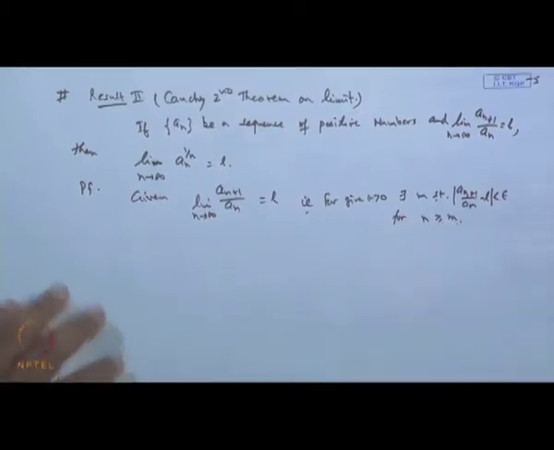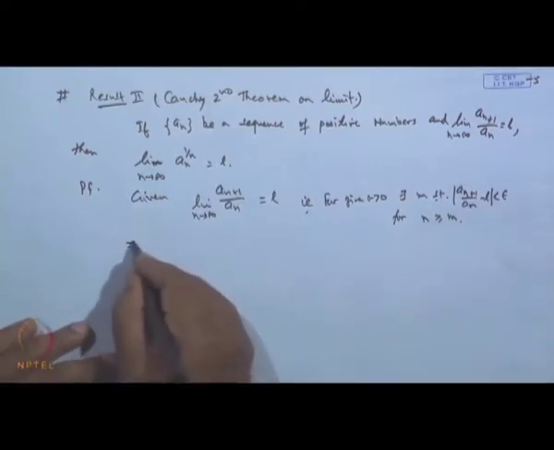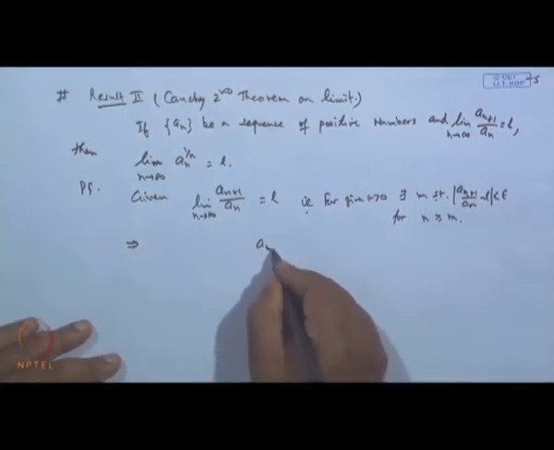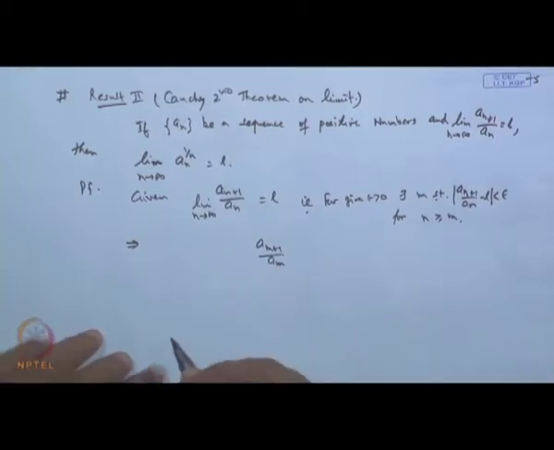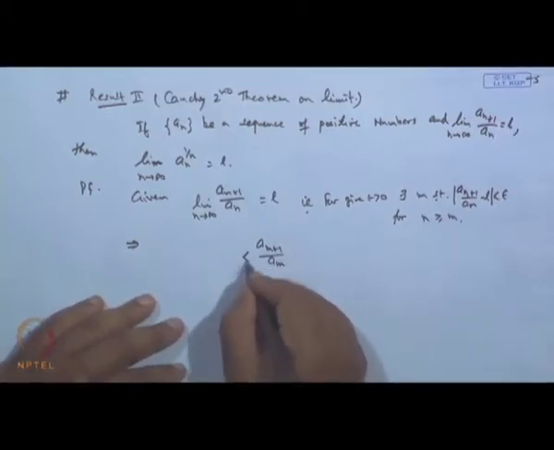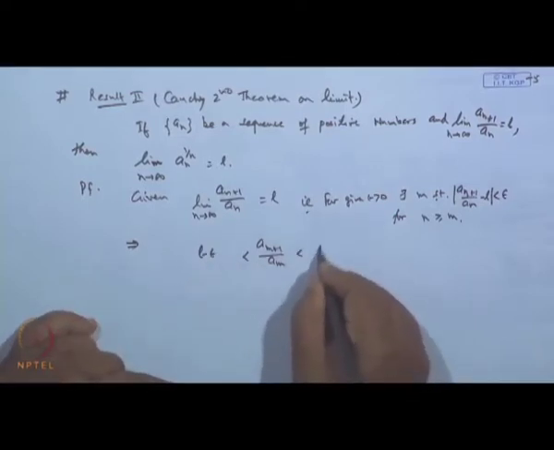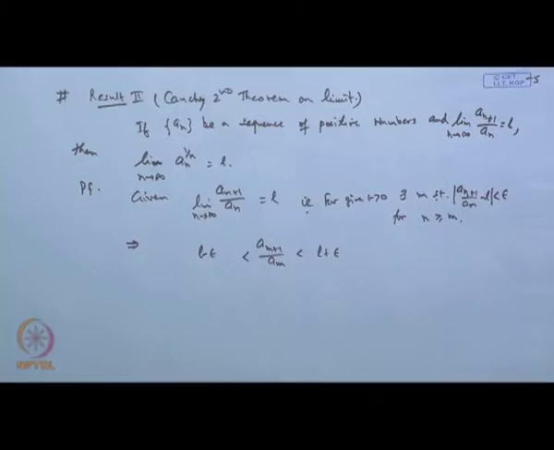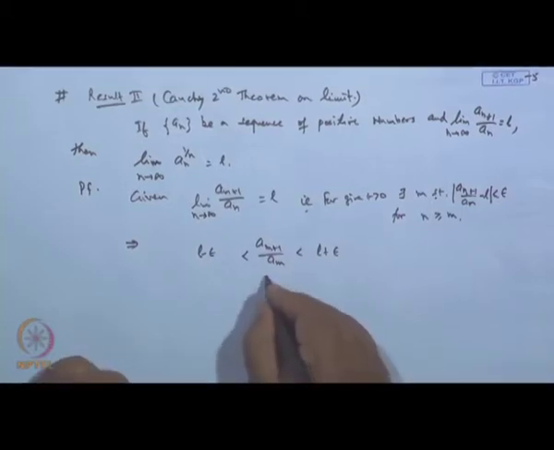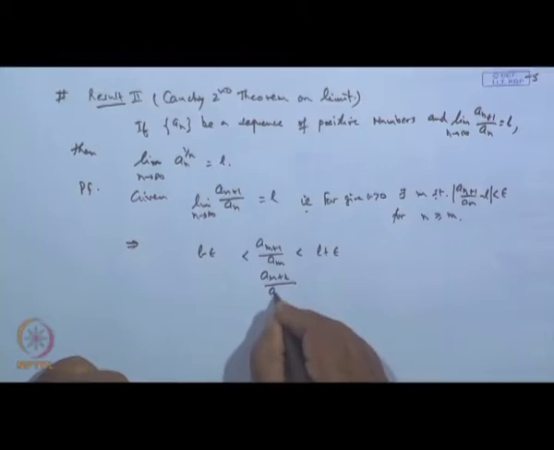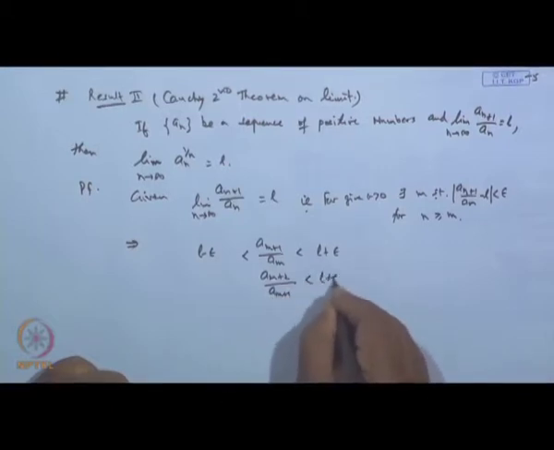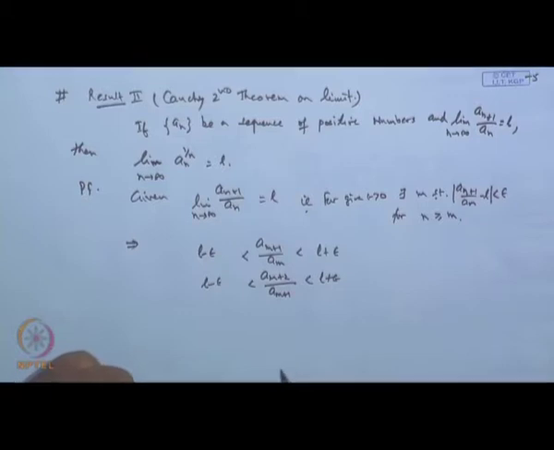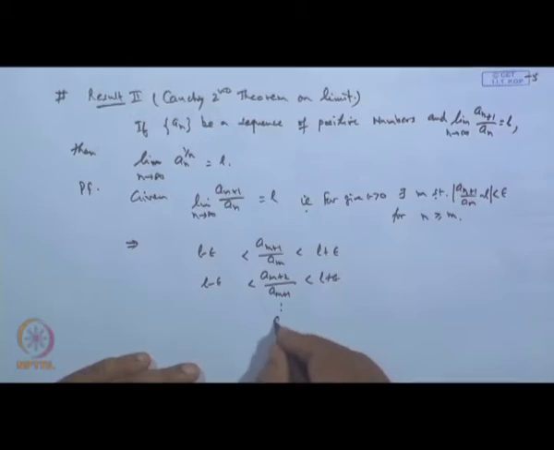So, this implies that a m plus 1 over a m lies between L minus epsilon and L plus epsilon. Now, if we continue this, a m plus 2 by a m plus 1 lies between L minus epsilon and L plus epsilon, and like this up to the nth term, a n over a n minus 1, which lies between L minus epsilon and L plus epsilon.